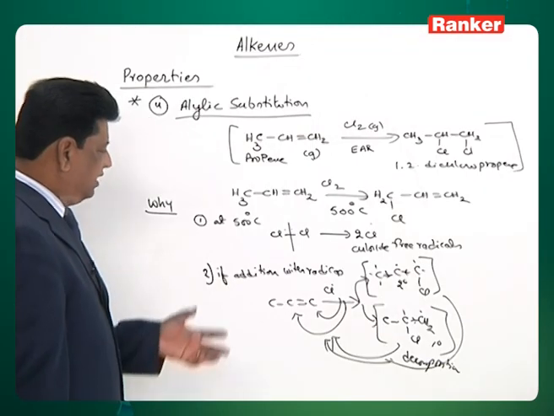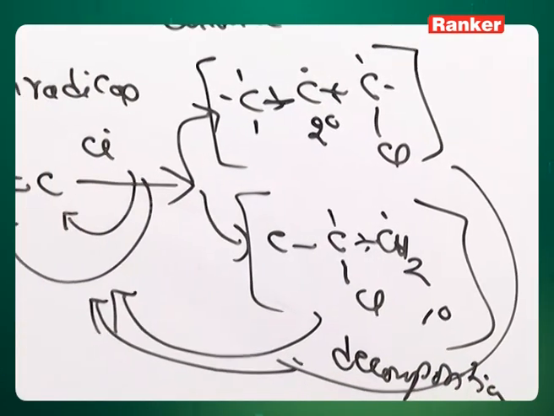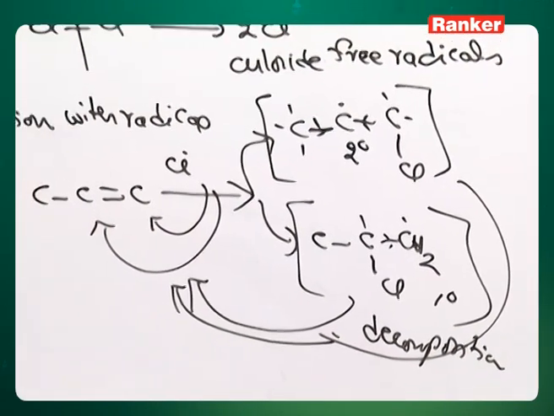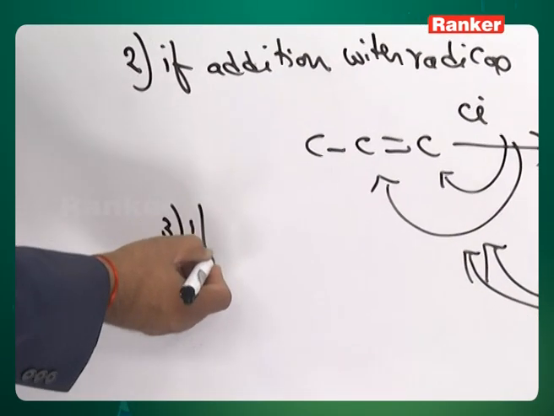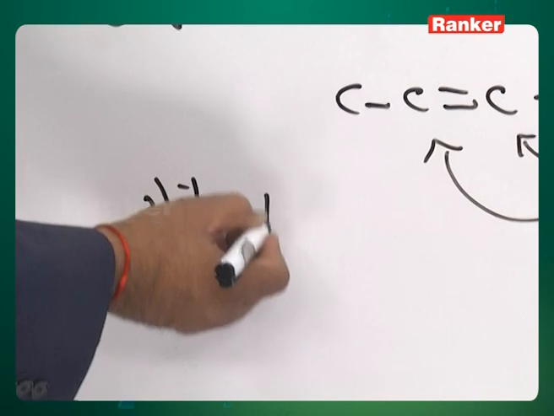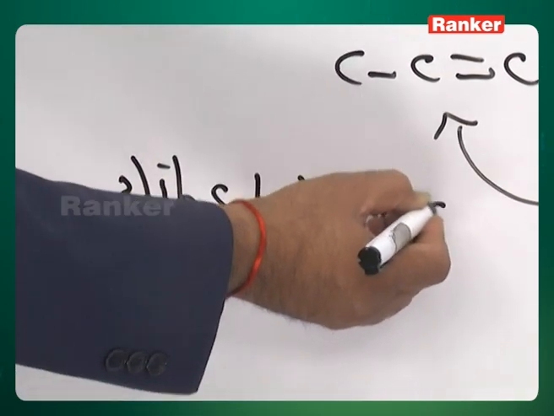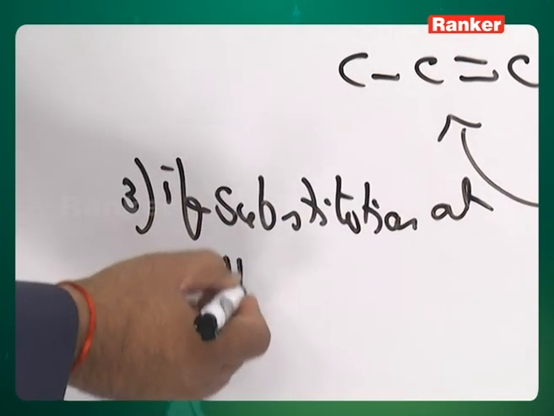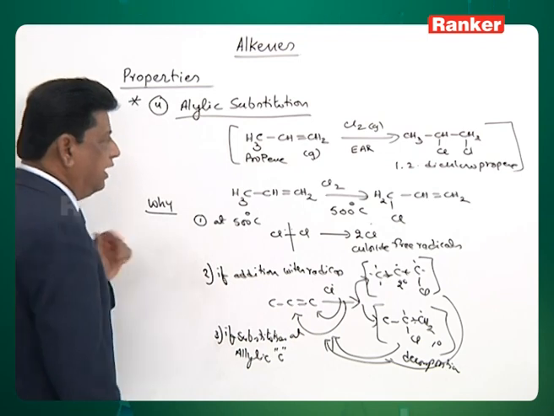The reverse reaction takes place and you get the alkene back. Instead of this addition reaction, suppose substitution at the allylic carbon takes place, then what happens?